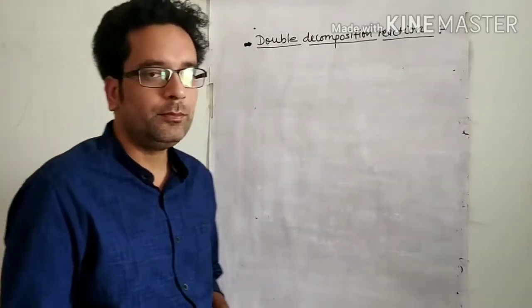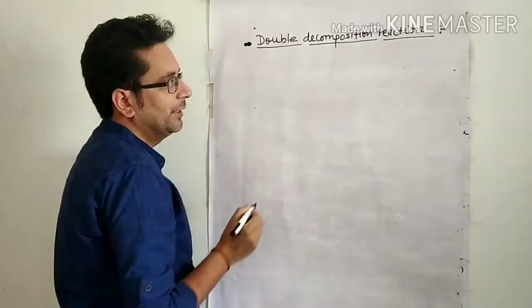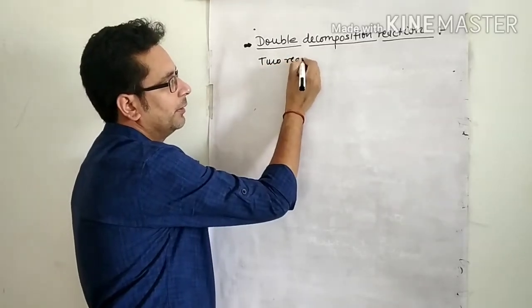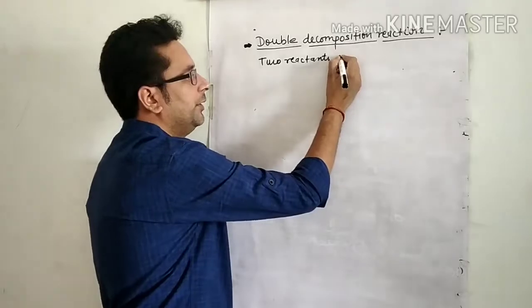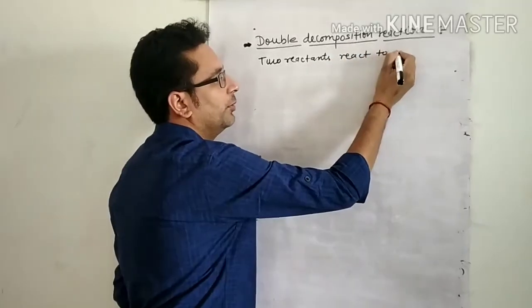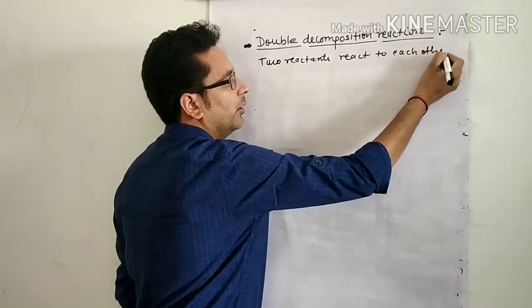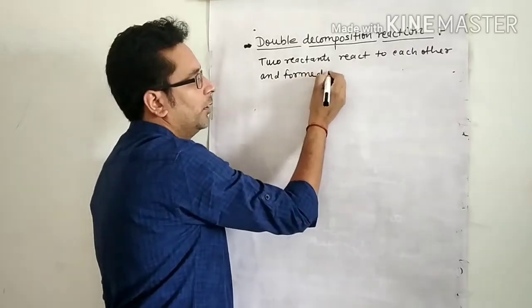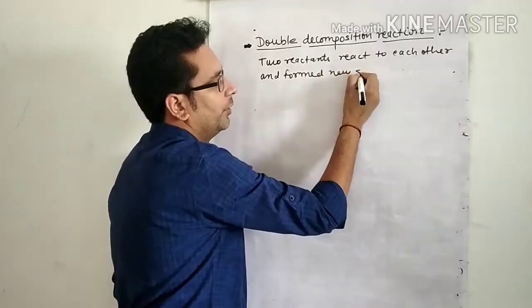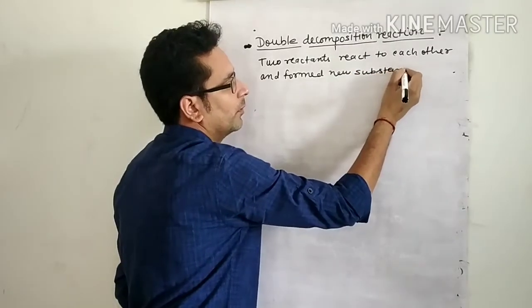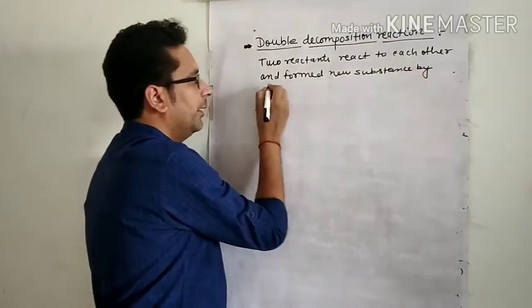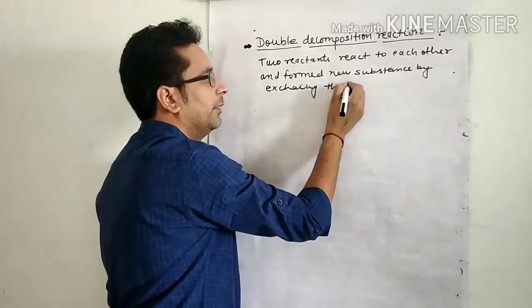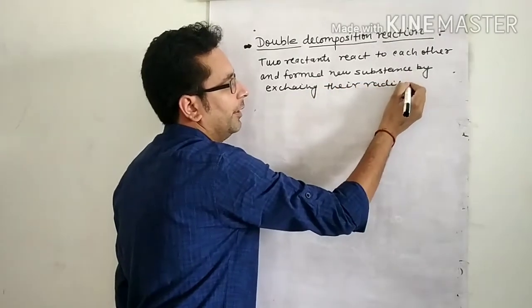So look here, double decomposition reaction. Two reactants react to each other and form new substance by exchanging their radicals.